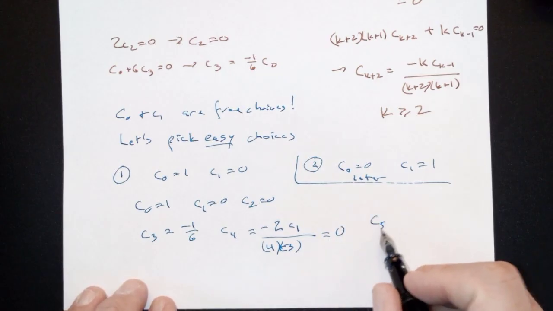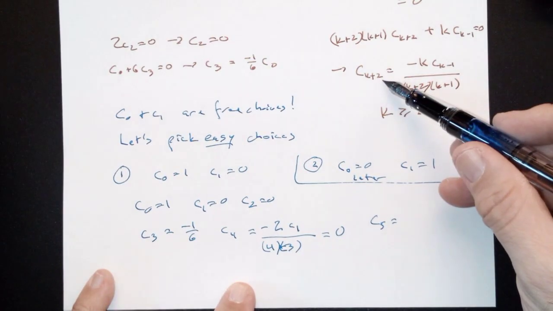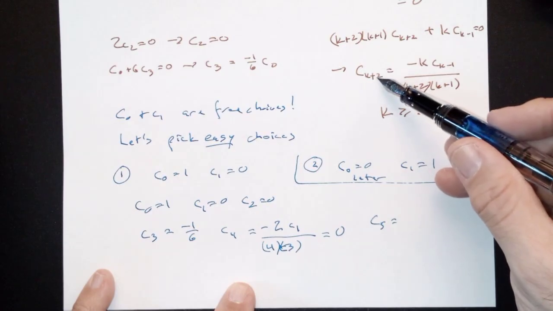What's C5? That's going to be in here. If this subscript is a 5, what's the value of k?